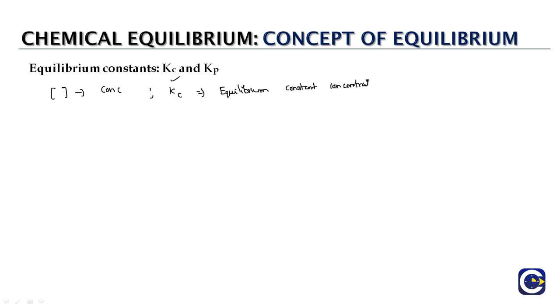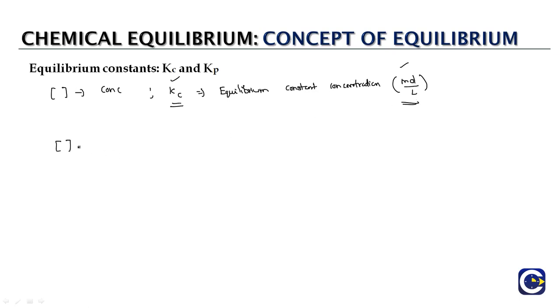The unit of this Kc will generally be in terms of moles per liter. So it will not be exactly mole per liter, and we'll talk more about it because each of the concentration terms will be mole per liter, and the powers will keep changing from equation to equation, which would mean that Kc would not have a fixed unit, but it will generally be in terms of moles per liter.